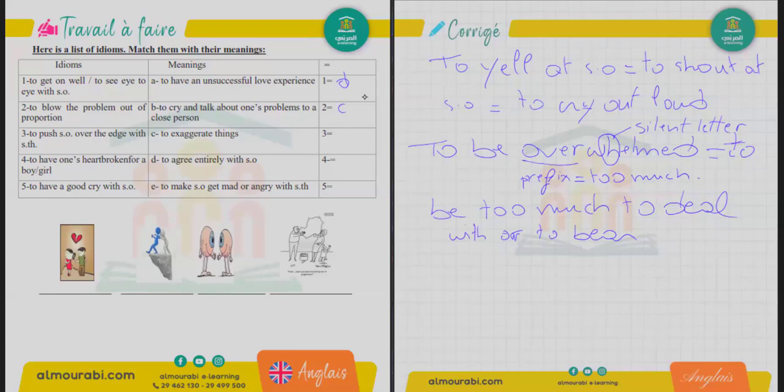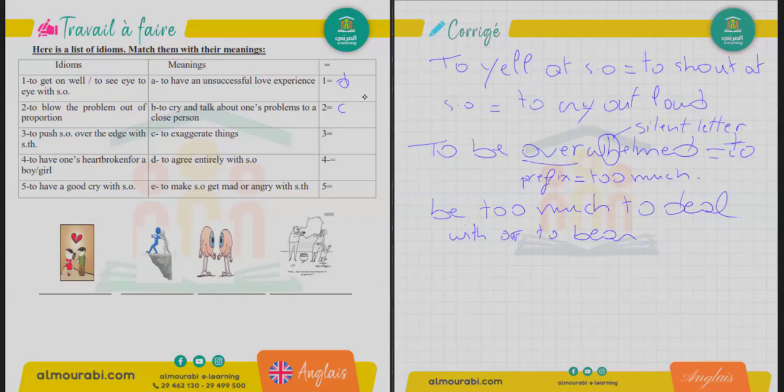The third idiom. Anyone to try? Now, what do you mean by pushing someone over the edge? Yes, Isra? To make someone get mad or angry with something. That's it. Very good.